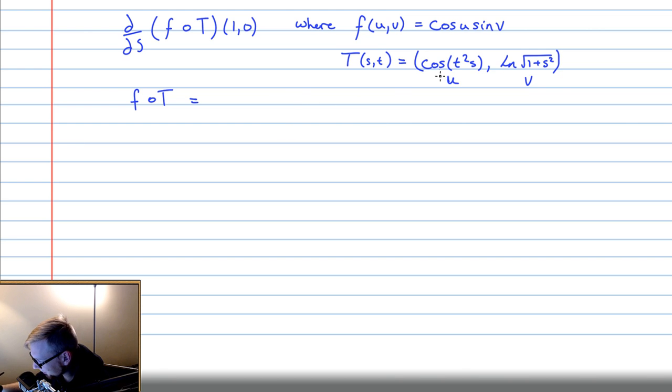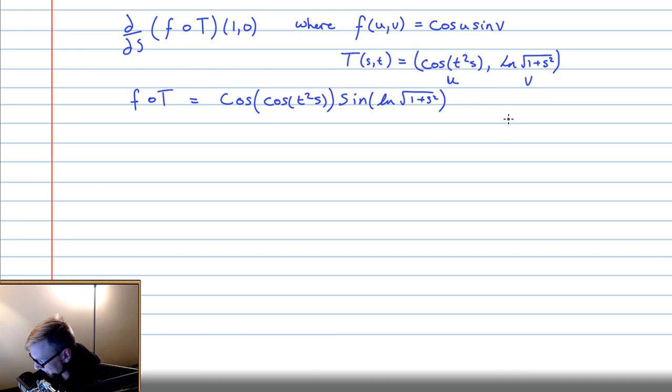So we're going to plug in cos of t squared s in for u, and the natural log of that in for v. This is going to be glorious. Okay, we've got cosine of cosine t squared s, times sine of natural log of the square root of 1 plus s squared.